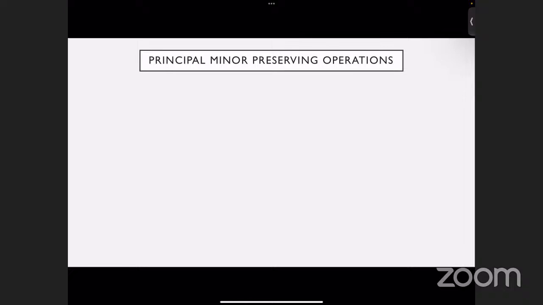Now I will come back to our problem, and first we will see some operations on matrices that preserve principal minors.